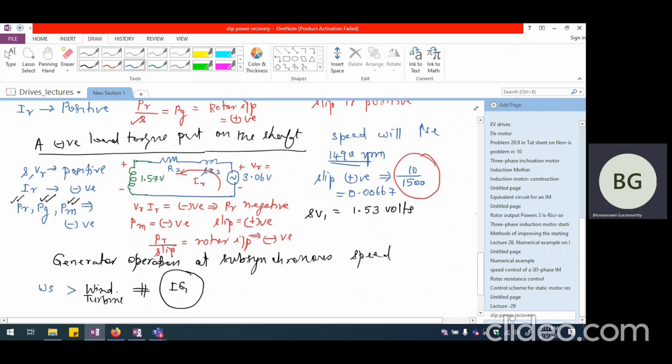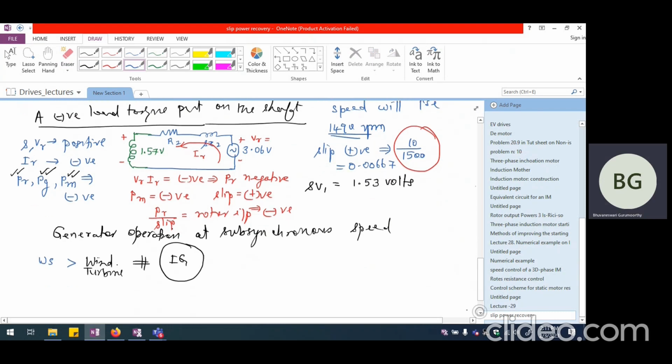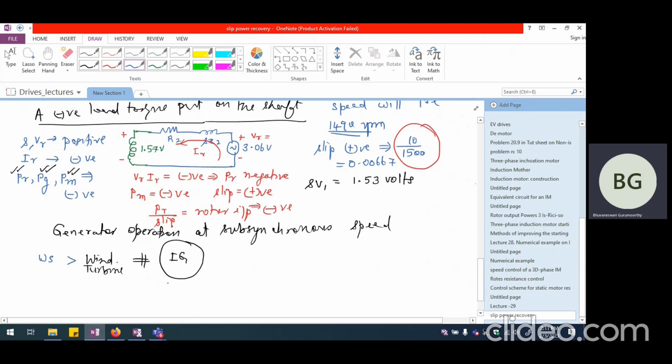So some amount of power input comes from the rotor circuit. So electrical input comes from the rotor circuit and mechanical input comes from the wind turbine. These two are added together ultimately to generate a power which is PG, the generated electrical power.